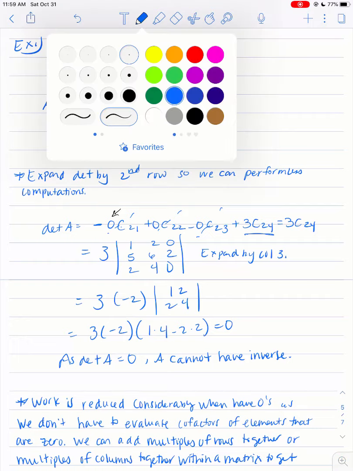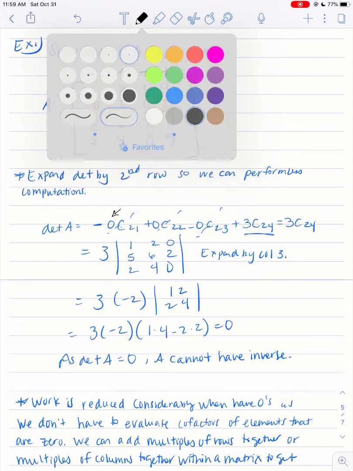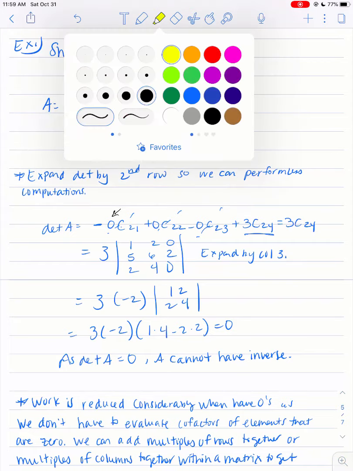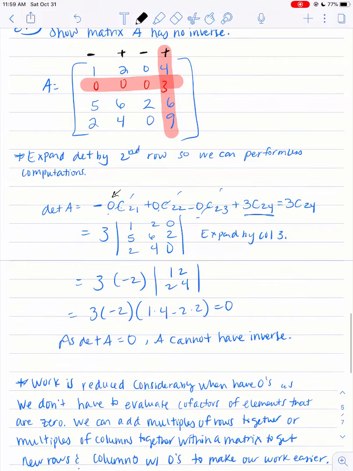I can cancel the column that 3 is in and the row. So I get 1, 2, 0, 5, 6, 2, and 2, 4, 0. Now I have 3 times this new 3 by 3 matrix.